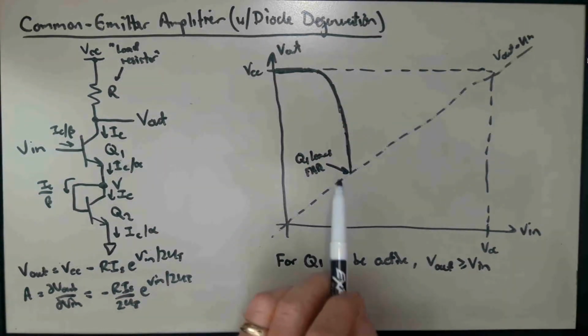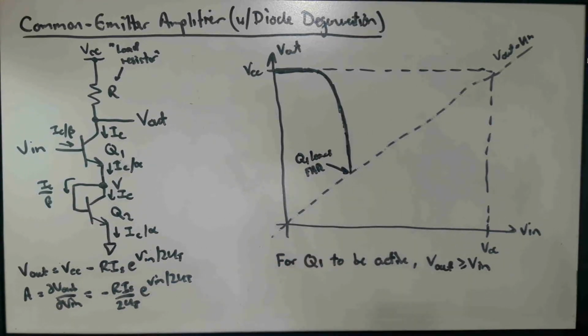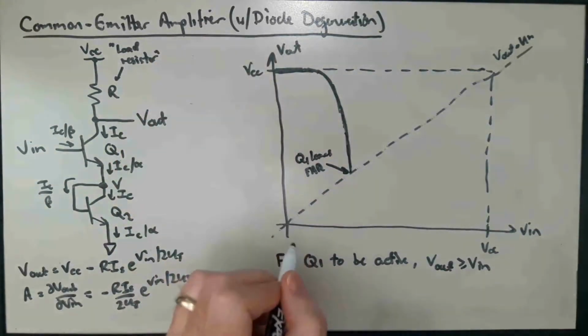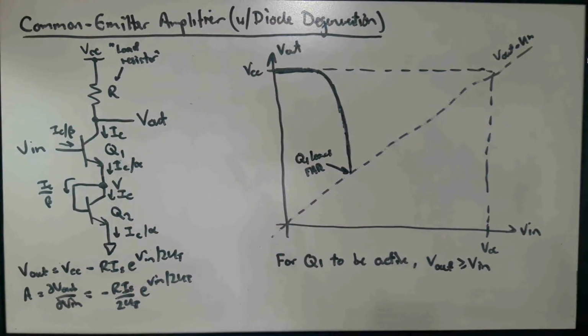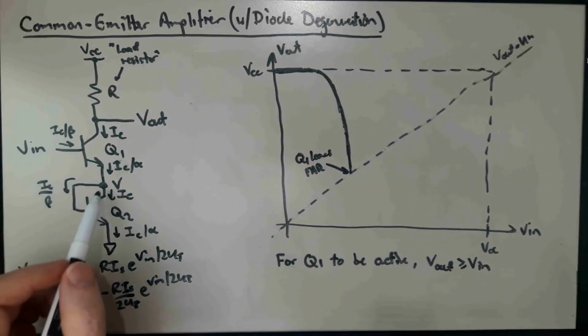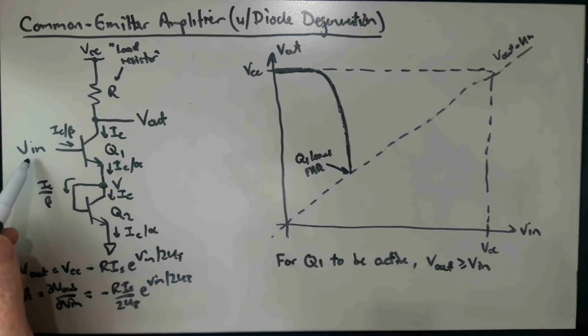So Q1 is in the active region pretty much this whole time. At Vn equals 0, Q1 will not be, strictly speaking, in the active mode, because Vn equals 0, V will also be 0. It can't be less than 0, and if it's above 0, then my argument here gets stronger.